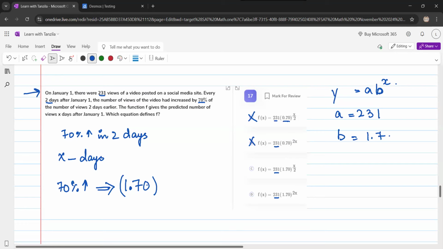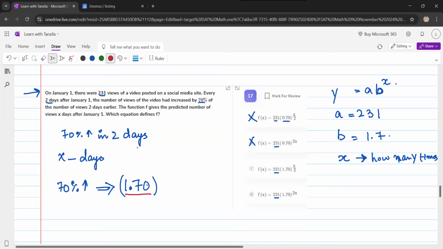Now, is it x or x over 2? X is something that you will multiply, like how many times you are multiplying. What is the logic here? You are multiplying by 1.7 every 2 days.